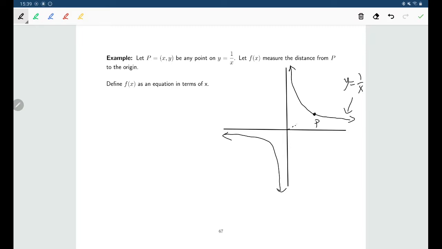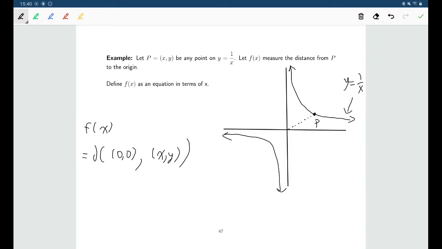And what I'm going to measure for f of x is the distance from that point to the origin. So the overall thing is that f of x, my function, needs to be the distance from the origin, 0, 0, to my point P, which is any point x, y that happens to be on our curve. So I know that for f of x, the distance formula is going to play a role in this.